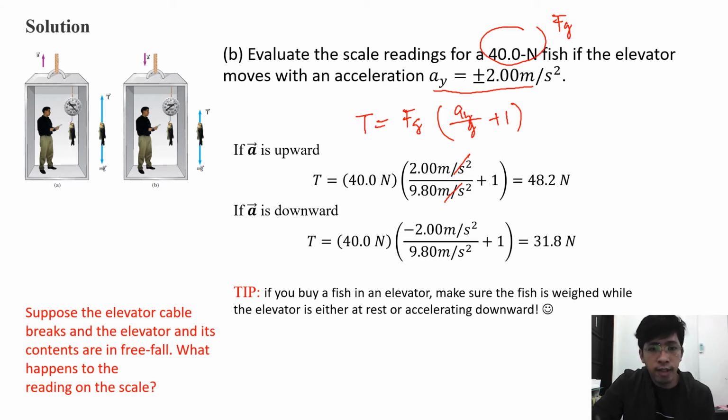So if the elevator and the contents are in free fall, that means that your AY is equal to negative g. So your tension is equal to Fg times negative g over g plus 1. So this is negative 1 here. So you have negative 1 plus 1, that is 0. So your tension is equal to 0.